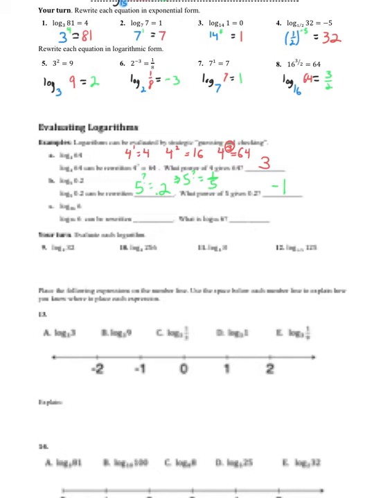And then the last one, this one's kind of a tricky one here. Log base 36 of 6, we rewrite that as 36 to the question mark equals 6. And this time, what's the relationship between 36 and 6?